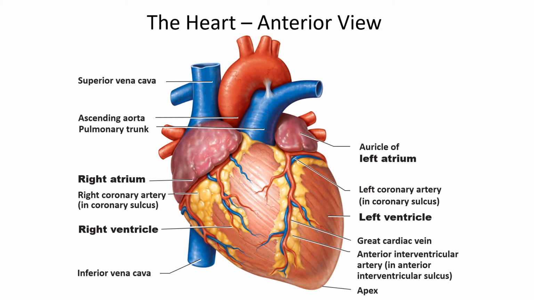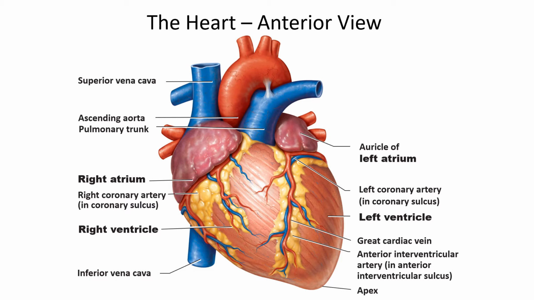We have blood returning from the lungs through the pulmonary veins, and that's going to come into the left atrium and then be passed on to the left ventricle, and then that oxygenated blood is pushed out through the aorta. So we have the ascending aorta.